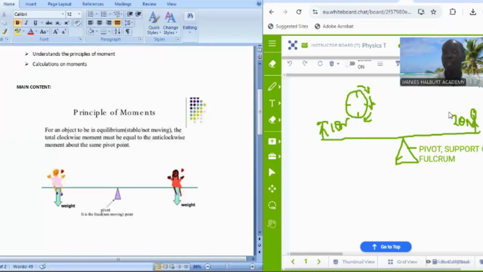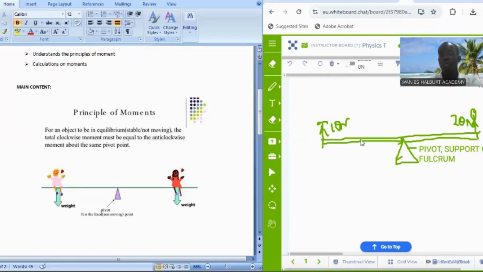Newton is the unit of force. You use the movement of the clock to explain how these objects move. Another thing you measure is the distance of the object from the pivot or the support or fulcrum.